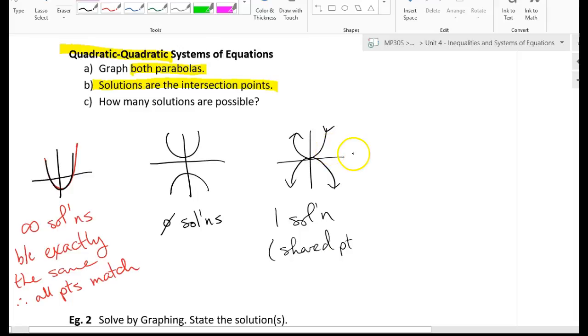It also could hypothetically be a single point where they're off to the side of each other. So this actually also applies if I'm dealing with a parabola like this and one that goes like this. They still only hit at a single point.